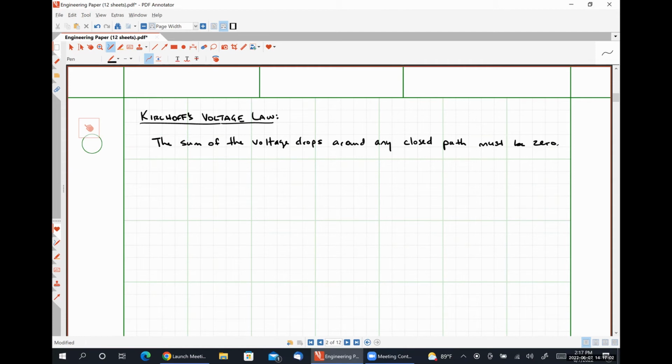What Kirchhoff's voltage law really is here is the law of conservation of energy for circuits.